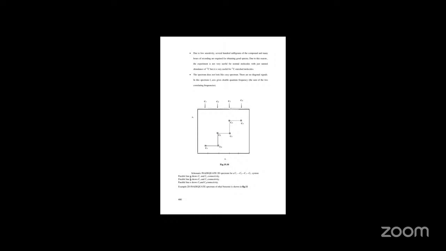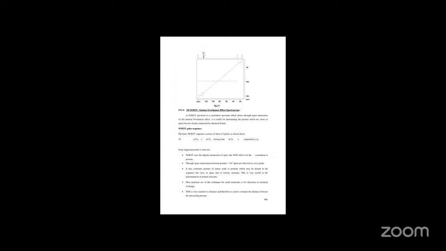Next one, NOESY spectrum, nuclear Overhauser spectrum. A NOESY is a correlation spectrum which shows through-space interaction via the nuclear Overhauser effect.